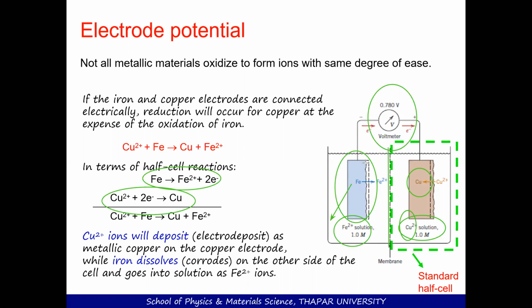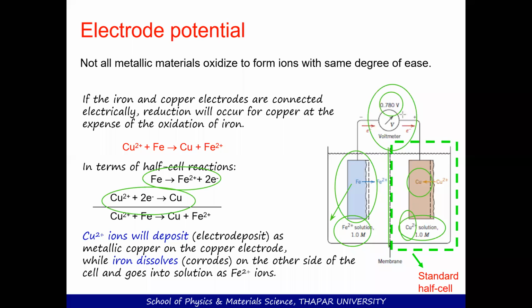So the electrons will go from the iron sheet to the copper sheet through an external circuit, and in this process it generates some voltage. The measured voltage in this case is 0.78. That means the electrode potential between the junction of iron and copper is equal to 0.78 volt.